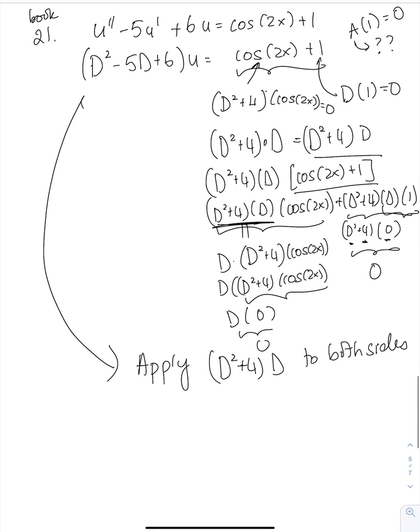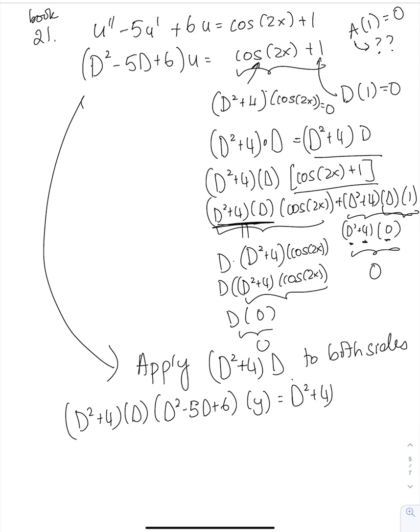So what do you have? You have D squared plus 4 times D squared minus 5D plus 6 applied to a function y is D squared plus 4 times D applied to cosine 2x plus 1. We already saw that that is 0.